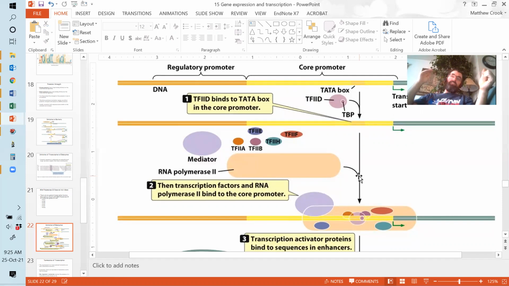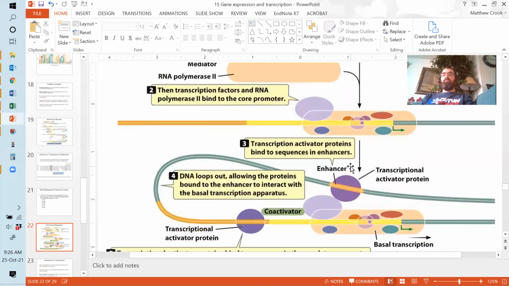This is where that extra level of complexity kicks in with eukaryotes. It's also part of the whole idea that gene expression has to be turned on in eukaryotes, right? By default, it is off. So we need something to activate this complex and get it going.